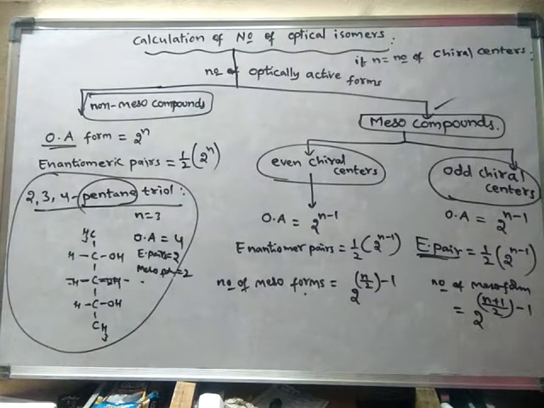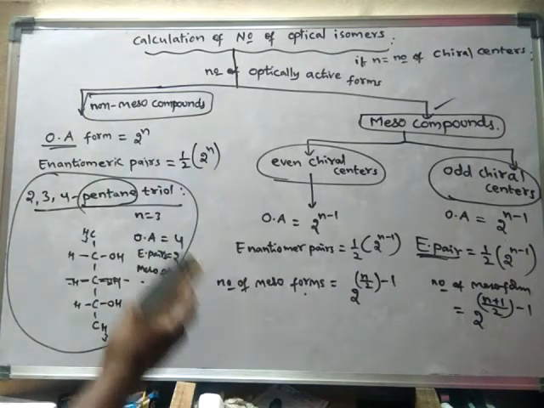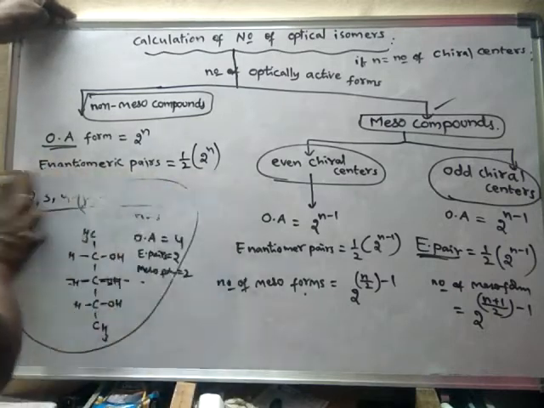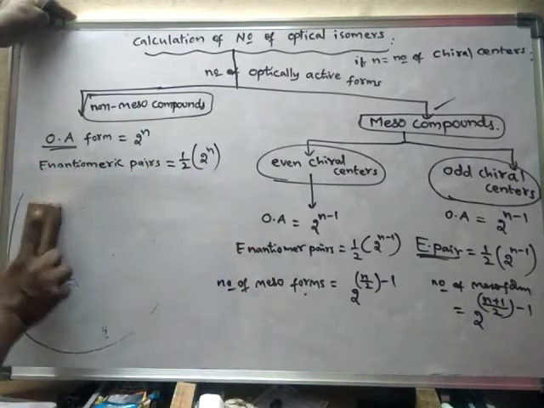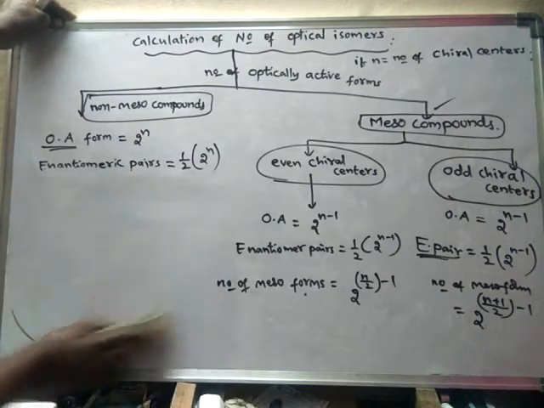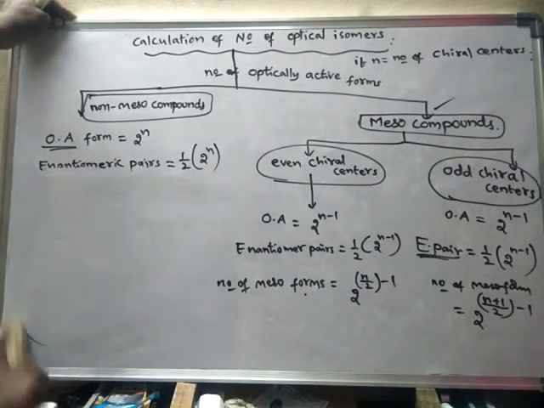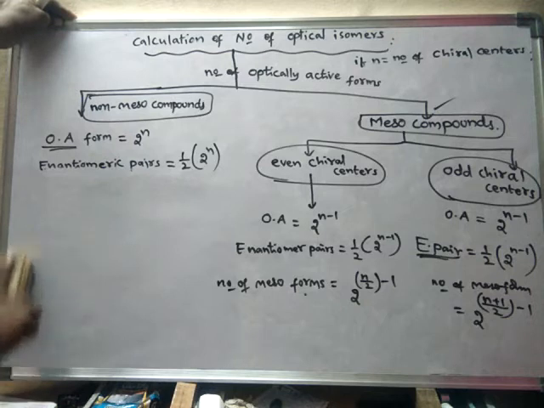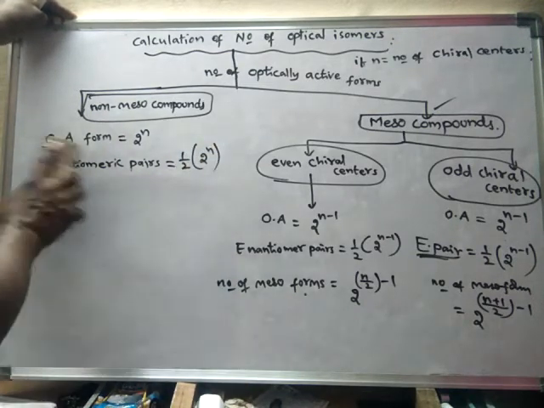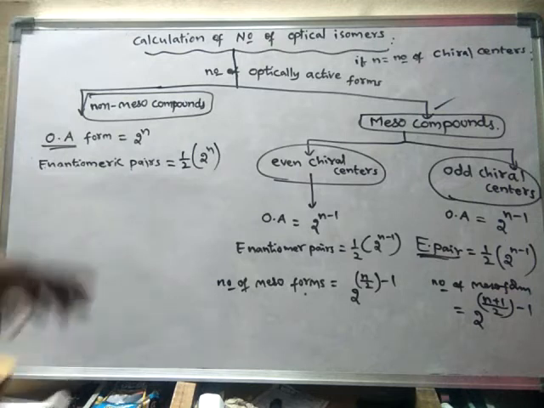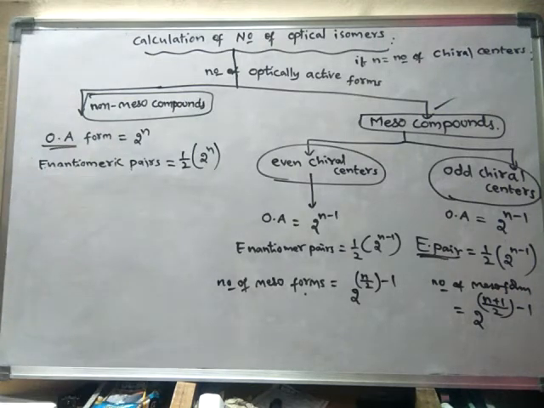So like this we can calculate the number of optical isomers. This is one of the examples. So these are formulas which can be used to calculate the number of optically active forms. There are two formulas to find the optically active forms.